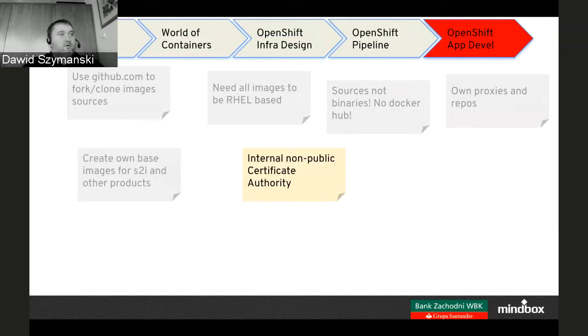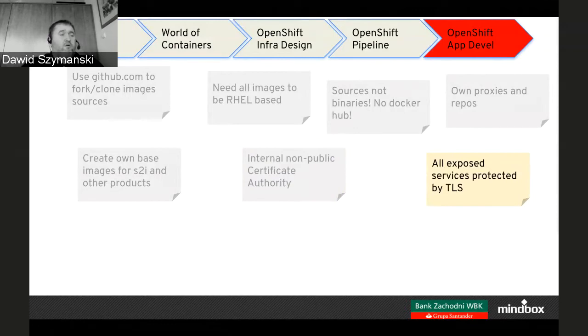But it has the consequence that almost all images available on, let's say, Docker Hub, or in the Red Hat repository, let's say Red Hat Docker Hub, because there is something like this also, do not support using your own CA, which is not publicly trusted. So this was one of the limitations we had to handle.